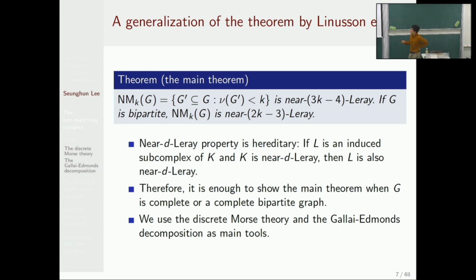So if we could prove this theorem for complete graphs and complete bipartite graphs, then all the non-matching complexes for arbitrary graphs can be considered as an induced subcomplex of the NM_k for complete graphs or complete bipartite graphs. So we can get this main theorem for every graph. So we will focus only on complete graphs and complete bipartite graphs.